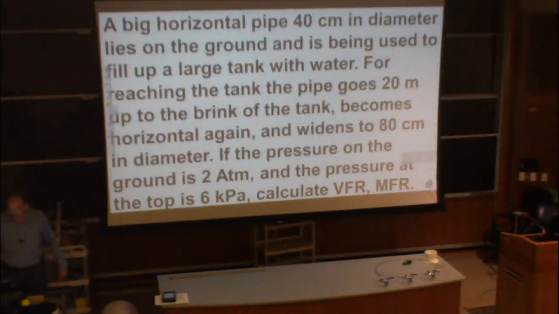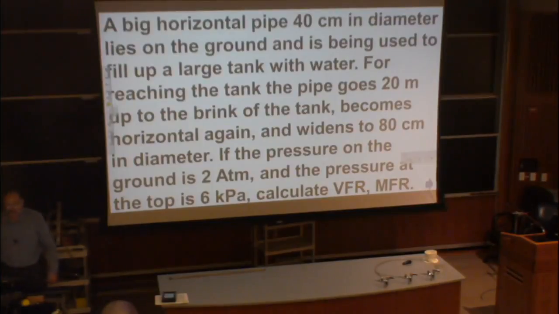A big horizontal pipe has a certain diameter, and then it bends and goes 20 meters up, widens up, and we know pressure here, we know pressure there. We need to calculate basically speed.